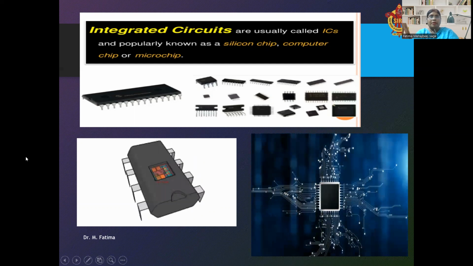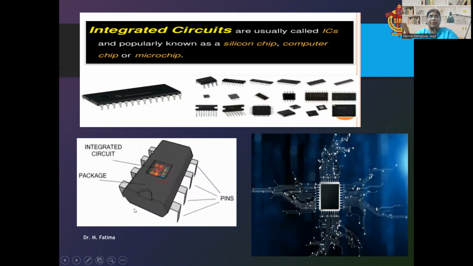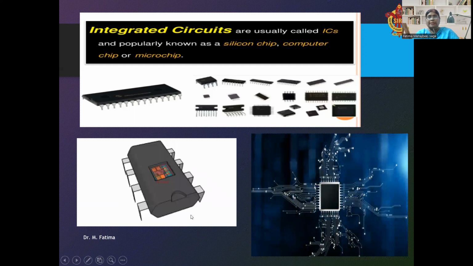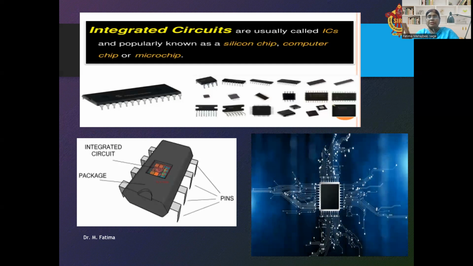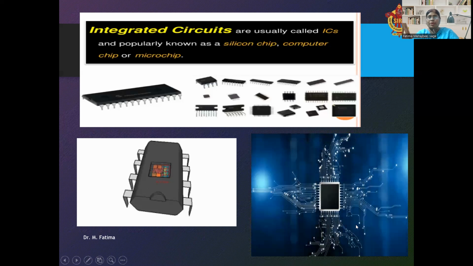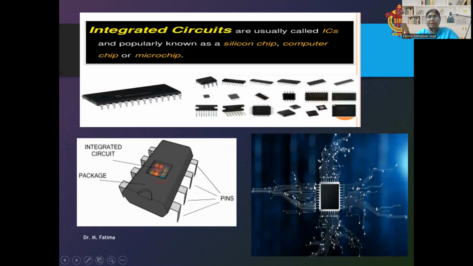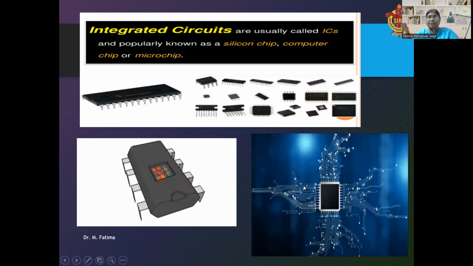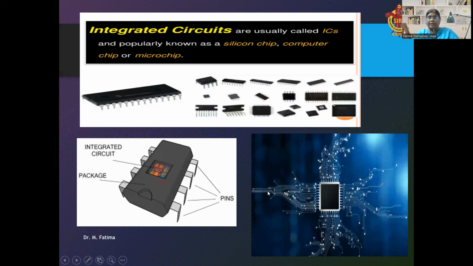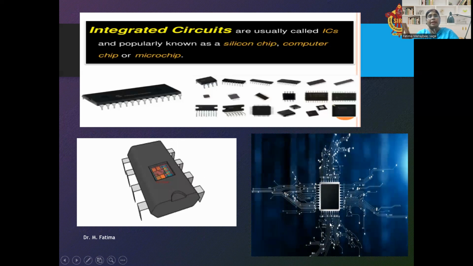Different pins are available here, and on this side also. The IC pins are connected to different connecting lines as shown in this diagram, and on these connecting lines, the current starts flowing.